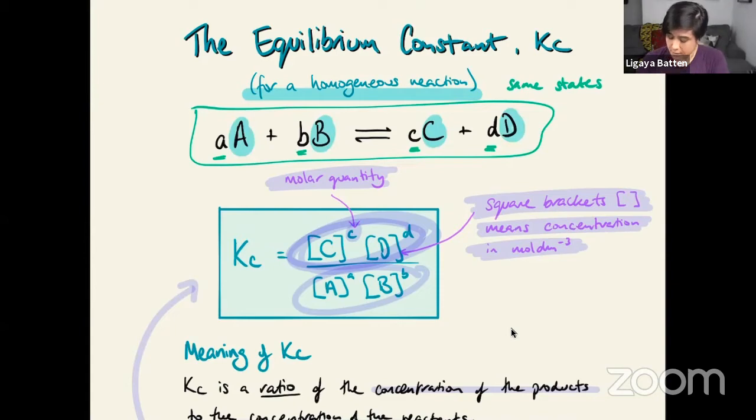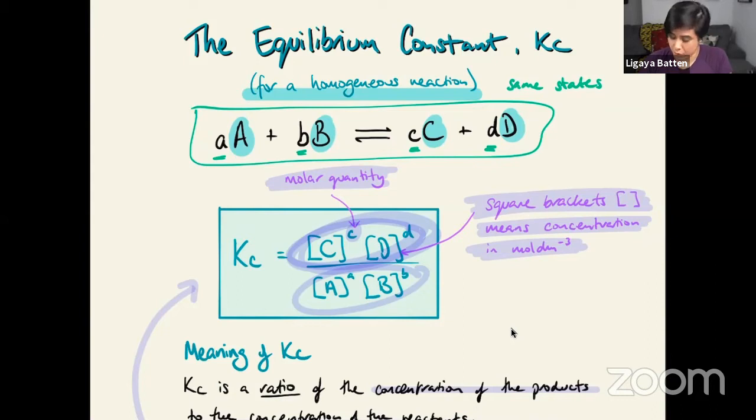So Kc then, as I said, is a ratio of the concentrations of products to reactants. So we've got the products in square brackets at the top, and the square brackets means the concentration of, so in this case, concentration of C and D, and that's in moles per decimeter cubed.